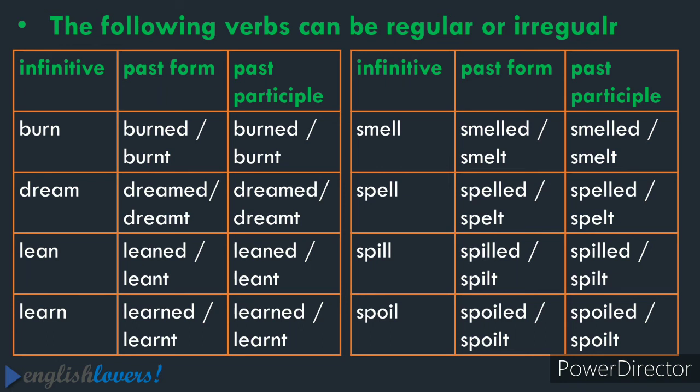Spilt means to come out of something which is in excess. Spoil, spoiled, spoiled, regular, or spoilt, spoilt. What does it mean when we say spoil? Spoil means ruin the value or pleasure of something. So these are the forms of regular and irregular verbs.